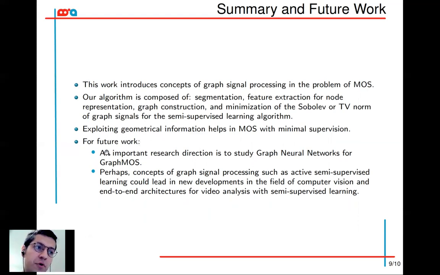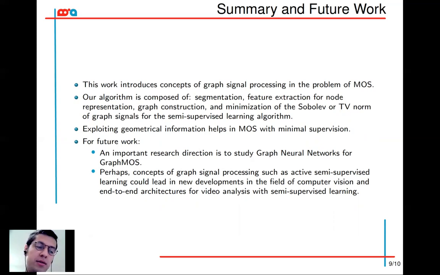And for future work, an important research direction is to study graph neural networks for graph moving object segmentation. That's because in this case, if we add a new node to the problem, we need to solve the whole problem again. We need to run the optimization algorithm again.